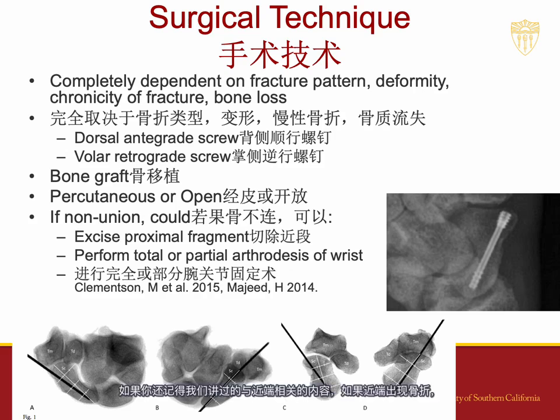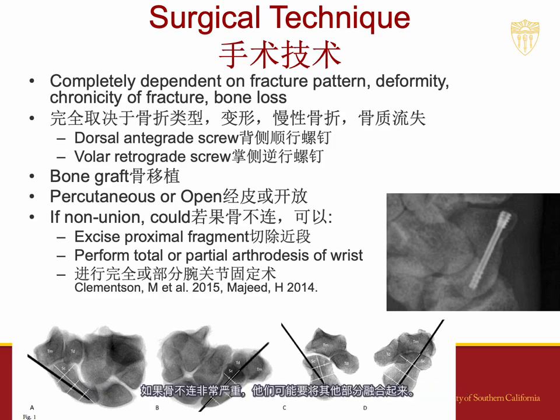So if you remember, we talked about the proximal, if there's a fracture of the proximal part and there's a non-union of the proximal part, where it articulates with the radius, they may actually just get rid of it because it's dead bone at this point. And then if it's really, really bad and the bone never did heal, they may have to do an arthrodesis of the wrist.